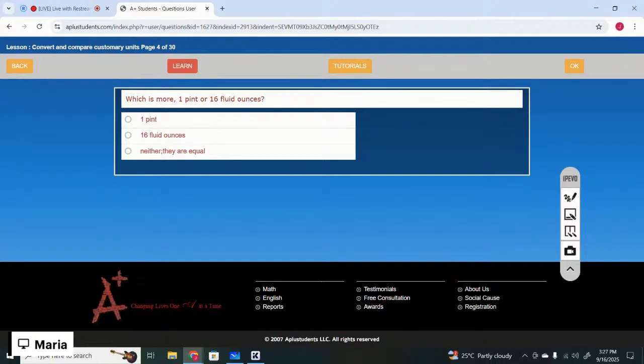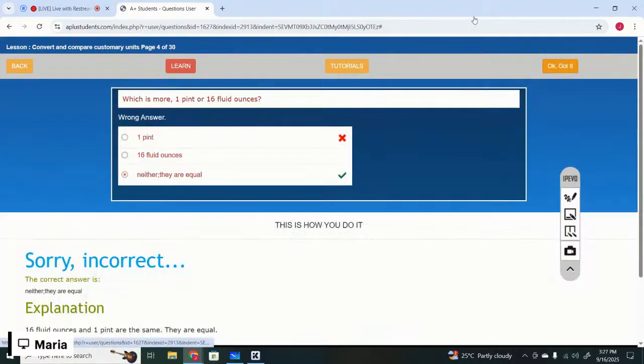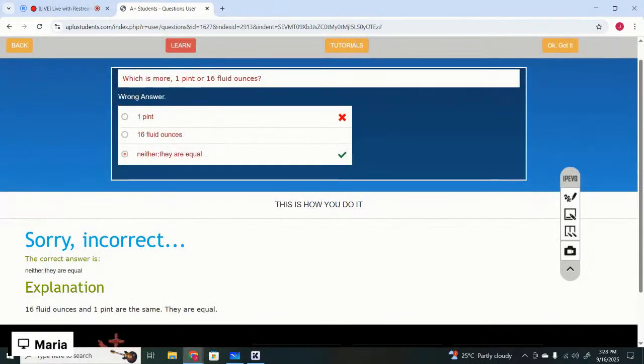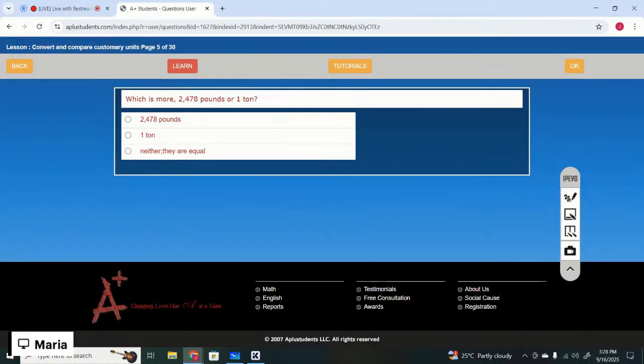Oh yes, 1 pint is equal to 16 fluid ounces. Okay, they are equal.